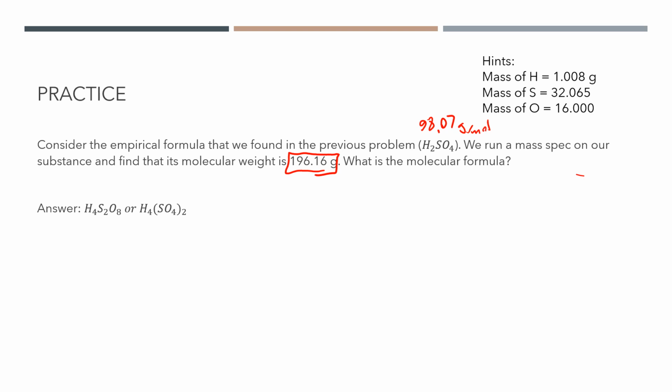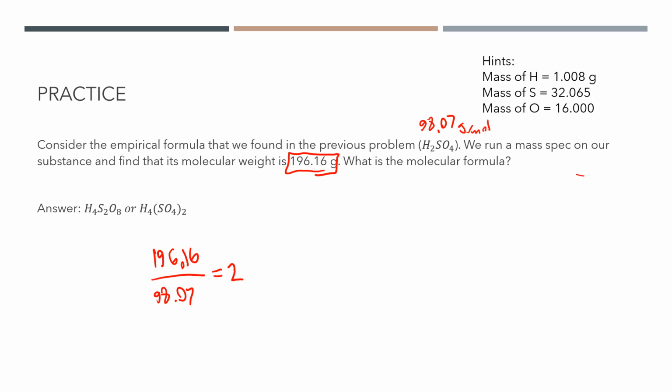Now we know that our molar mass, the molecular weight, should be 196.16. So let's take 196.16 and divide that by 98.07. That should get us roughly about 2. Almost exactly 2.